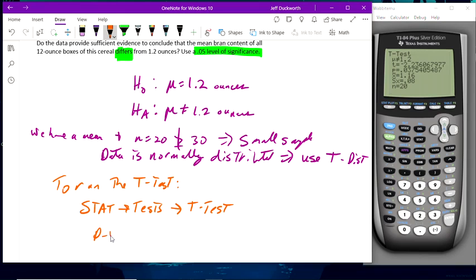So p-value, 0.0375. We need to compare that to alpha. Well, it's less than alpha, or less than or equal to alpha specifically. And because of that, we reject the null hypothesis H0 in favor of the alternative.